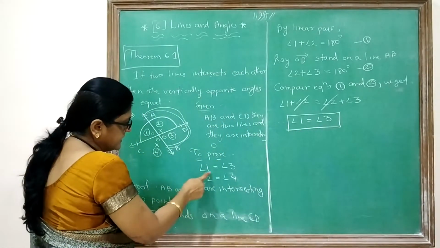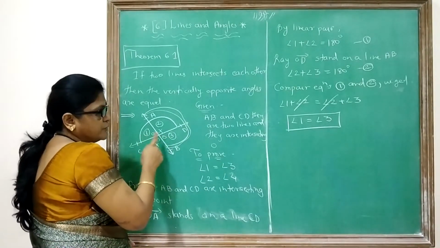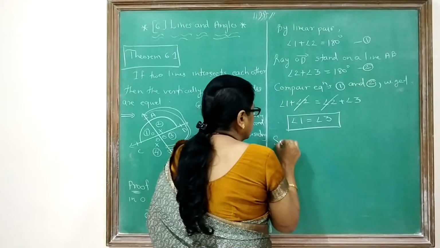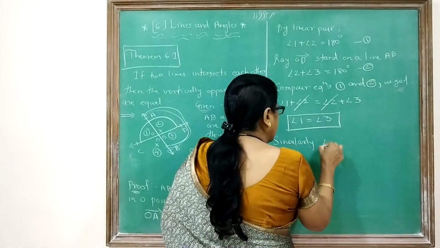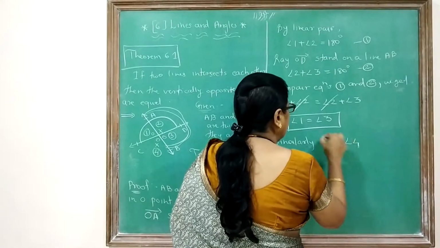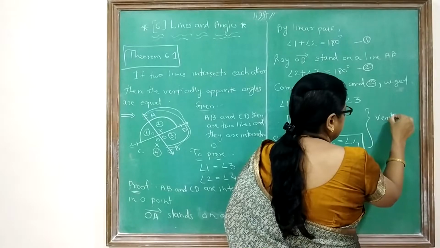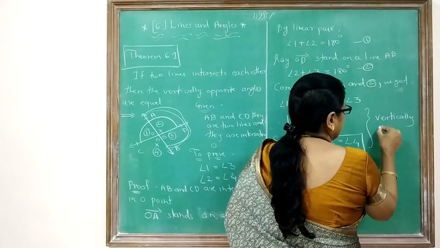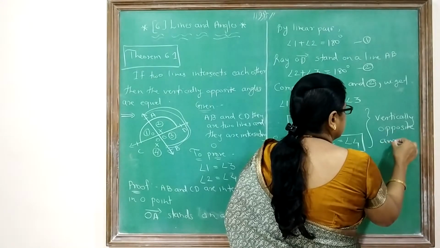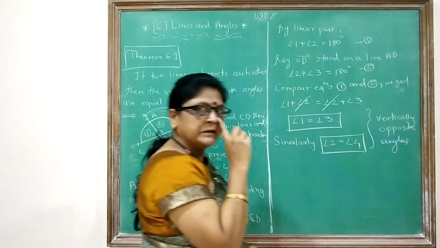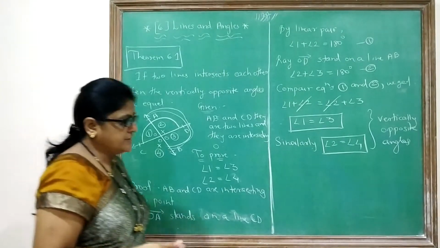To prove means angle 1 equal to angle 3, and they are the vertically opposite angles. Similarly, you can write angle 2 equal to angle 4, and they are the vertically opposite angles. Then see the next example.